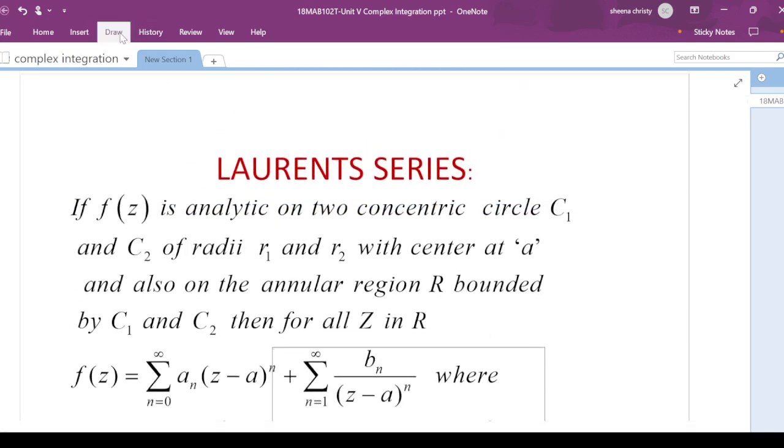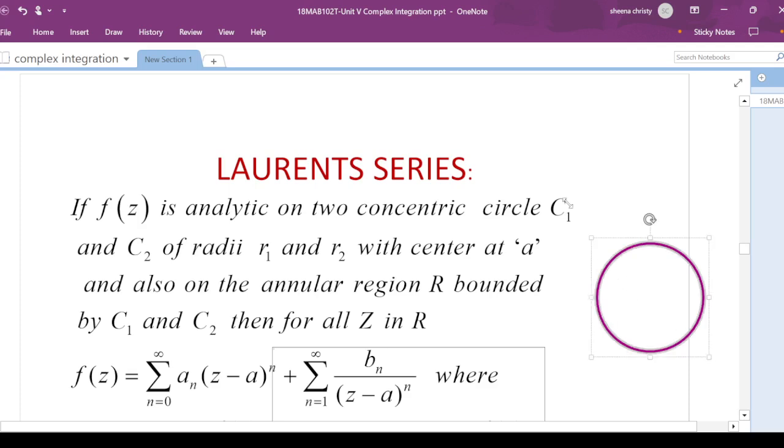So here we are having two circles, but it is a concentric circle.